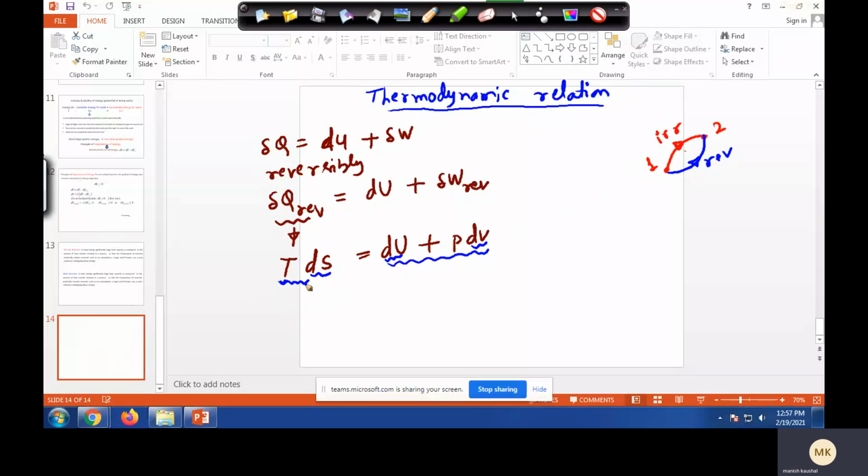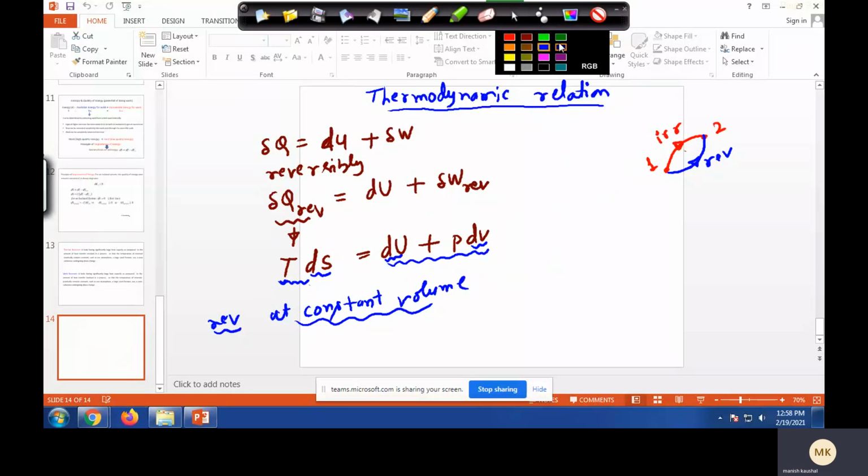Now what can we get from here? If we go reversibly at constant volume, let's see what we get. When you say constant volume, in this relation this term will go.